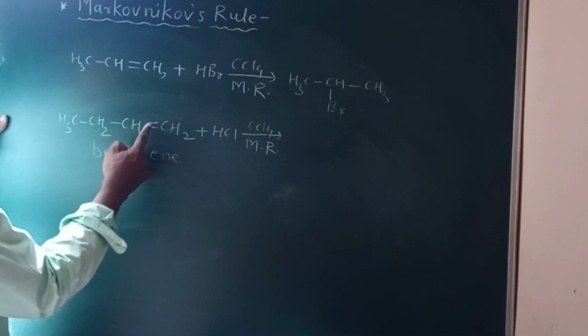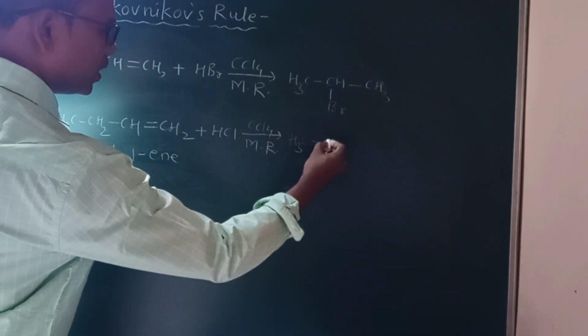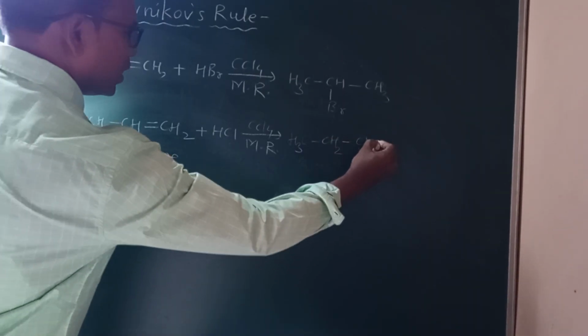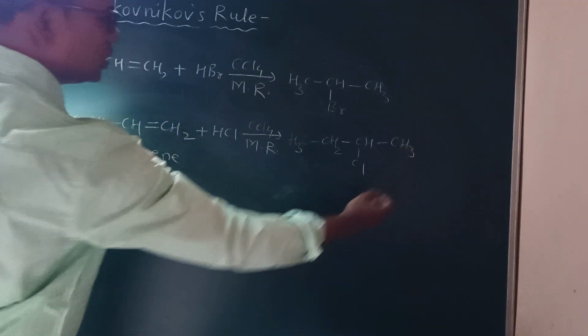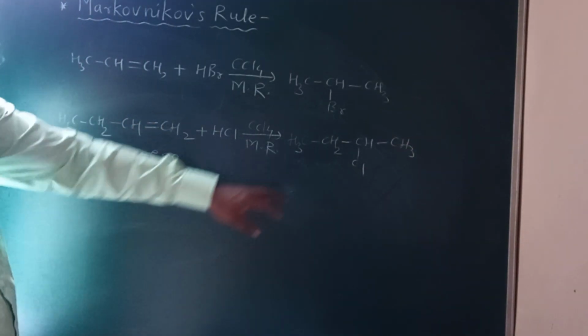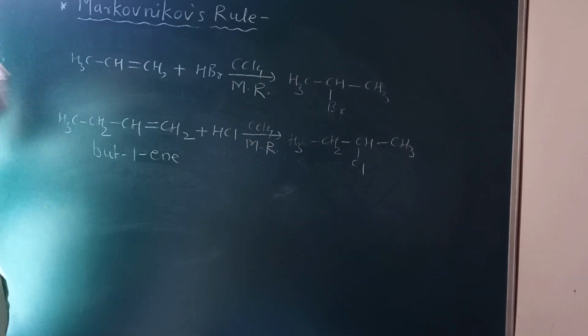At the same time, the double bond converts into a single bond. So we'll get this product: CH3, then CH2, then CH with Cl, and that CH2 converts into CH3. So it is secondary butyl chloride, correct? It's 2-chlorobutane, that is secondary butyl chloride also.